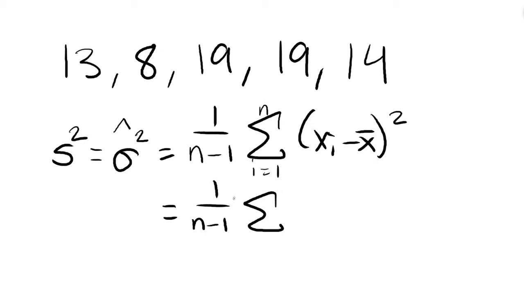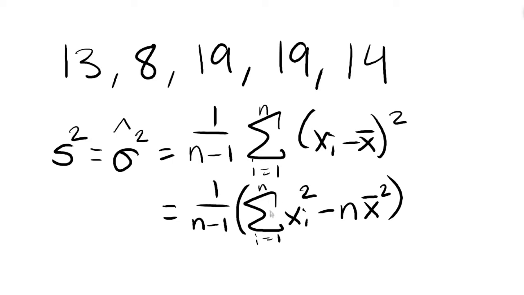We will have a parenthesis: the sum i is equal to 1 to n of xi squared, so we just square our xi's, minus n times x bar squared. This is often easier, because then we just take 13 squared plus 8 squared plus 19 squared and so on, and then minus n, the number of numbers, times the mean squared.